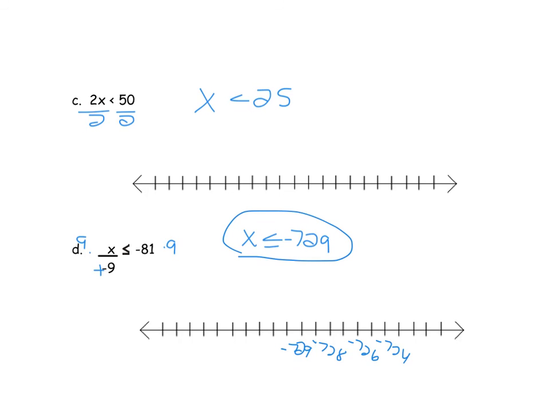On this side, we would have, I'm running out of room. Negative 729, negative 730, because now we have more spaces between. And I'm not going to take the time to number, but I wanted to point that out. This would be a closed circle, and it's all the numbers less than, so it'd be going that way.